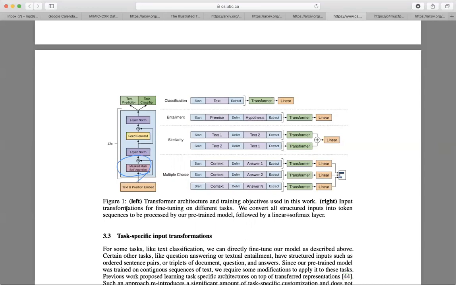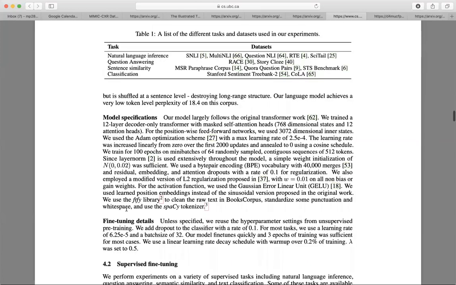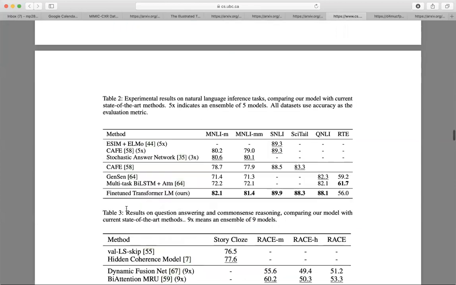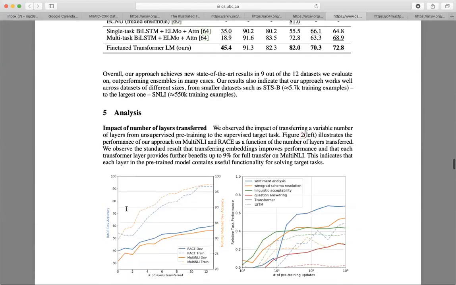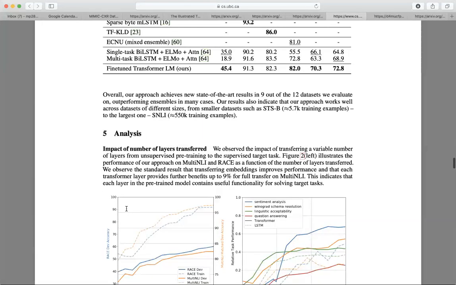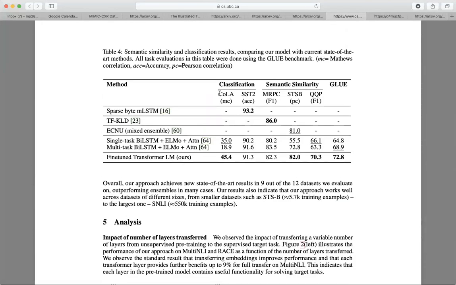Simple, right? So you do that and you go through millions and millions of sentences to perform the language modeling. And then after they've done that, they take that gigantic transformer-based language model and apply it to various tasks, such as the CoLA dataset and SST-2 data, which are part of the GLUE datasets actually.